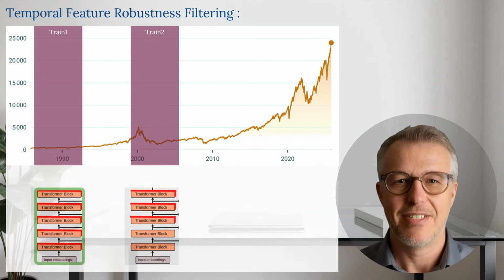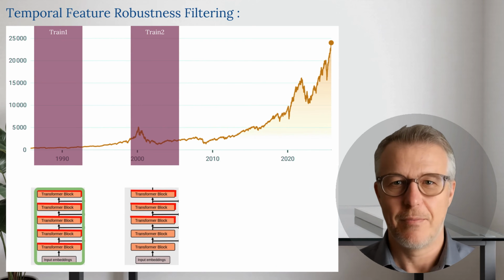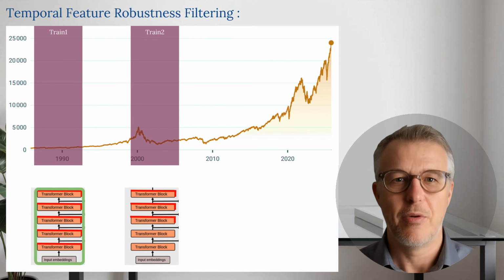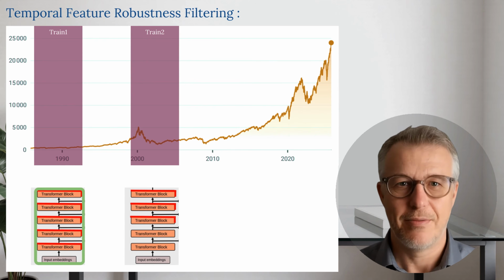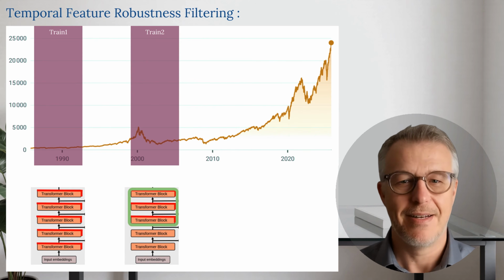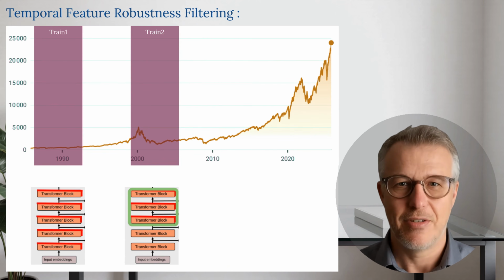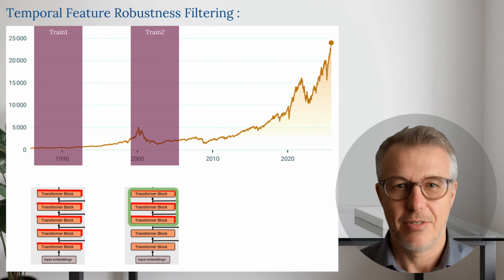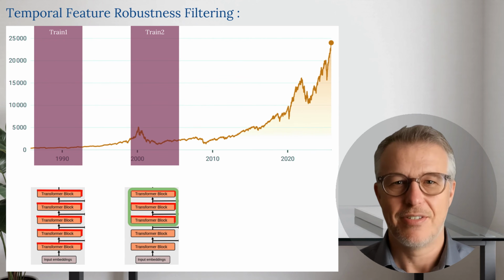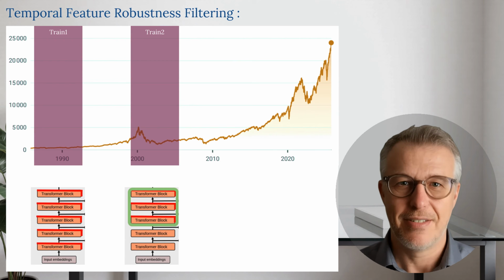One way to do this in deep learning with transformer models is to apply LoRA to all attention layers for the first time interval, but then freeze the lower layers when training on the second interval. This way, the model naturally filters out the less important features, as only the most relevant representations remain consistent across intervals.